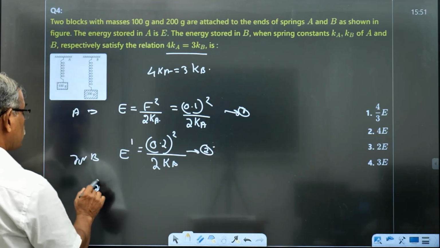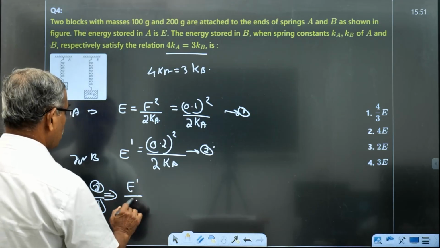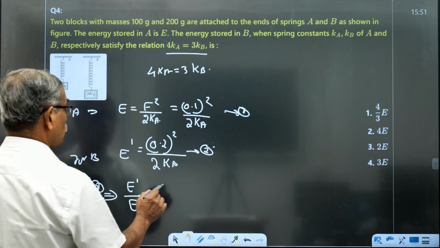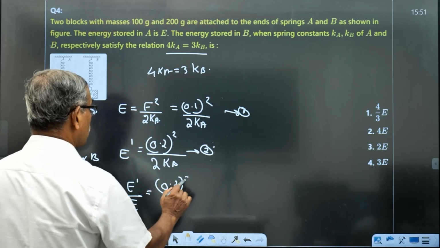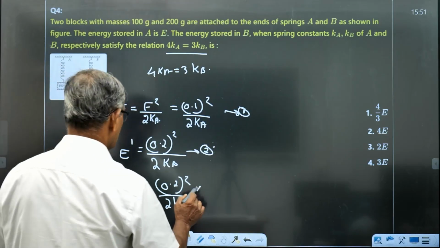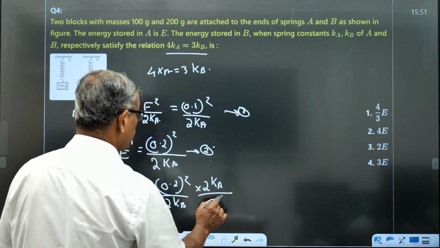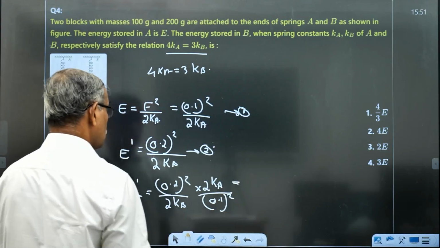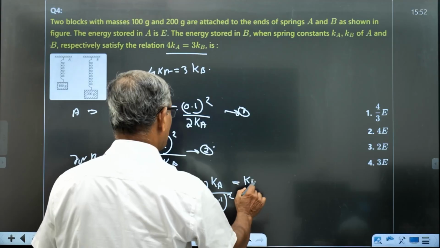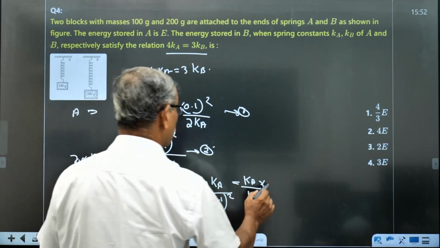Now dividing 2 by 1, E dash by E equal to 0.2 whole squared by 2 Kb into 2 Ka by 0.1 whole squared. It's equal to Ka by Kb into 2 by 1, 2 square 4.